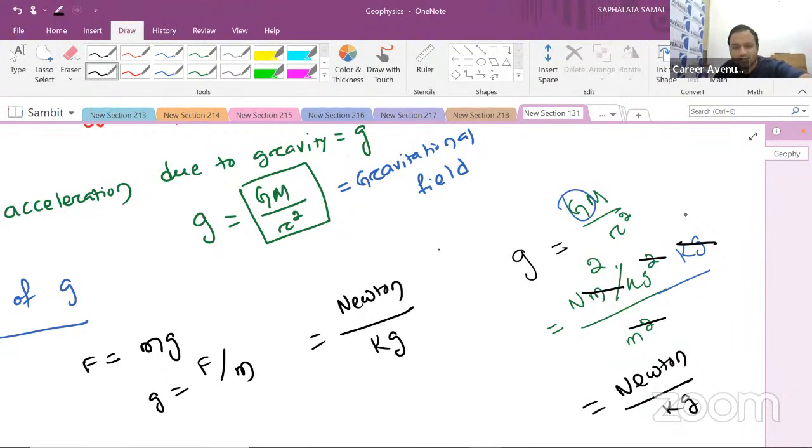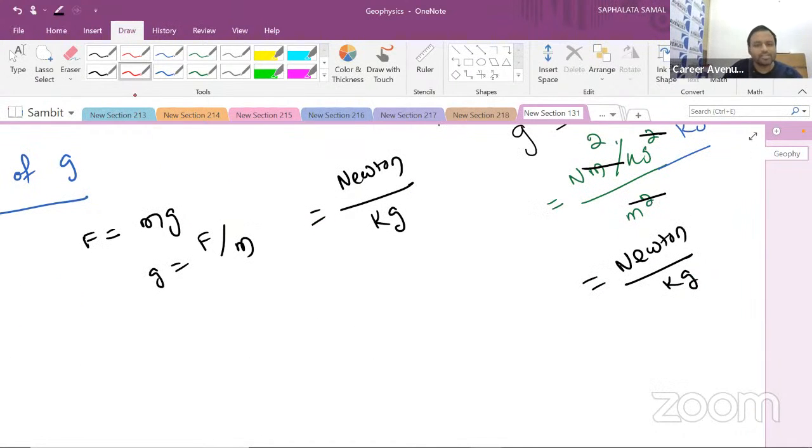If I solve this equation, it will be meter per second square. Acceleration unit is meter per second square, the rate of change in velocity. Velocity equation is meter per second, and the rate of change is meter per second square.